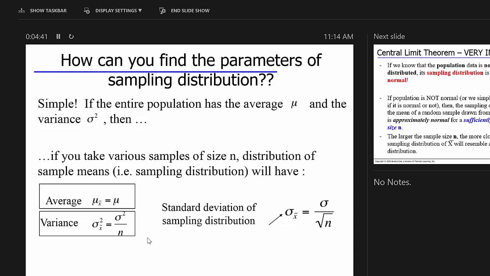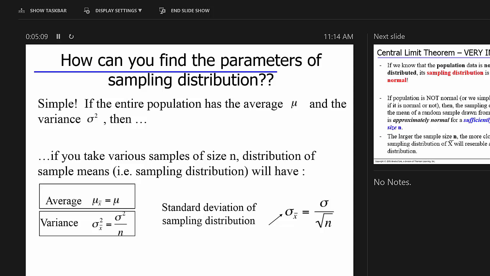The first rule says that when you are creating the sampling distribution, your averages are going to be the same. The average for the population, mu, is exactly equal to the average of the sampling distribution, mu of all x bars. So means always coincide, regardless of what the population distribution looks like.